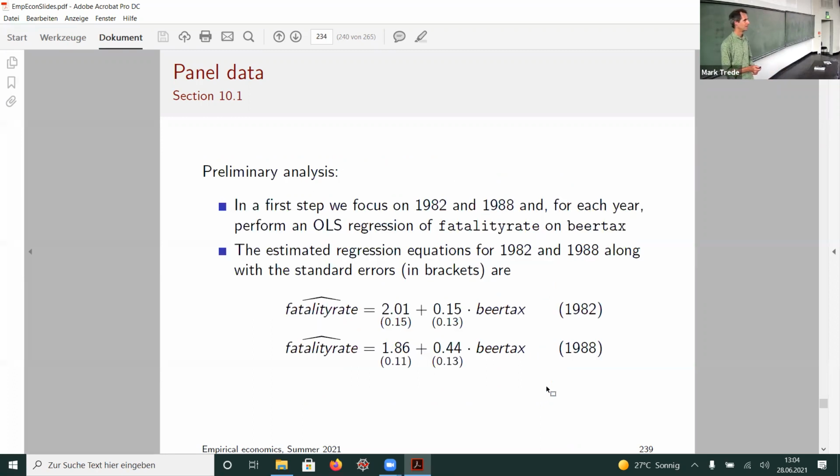Okay, let's have a look at those data, because we want to know, for policy reasons, what is the causal effect of the beer tax on the traffic fatality rate. If we want to drive down the number of traffic accidents or traffic deaths, then one way might be to increase the beer tax because people drink less.